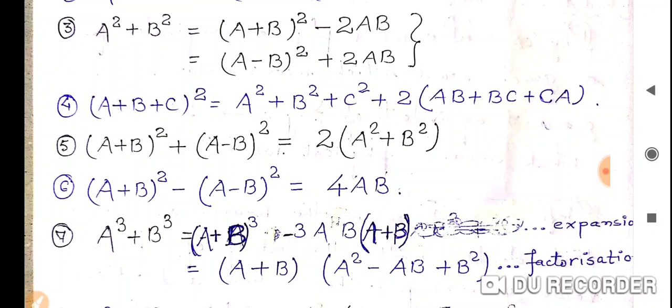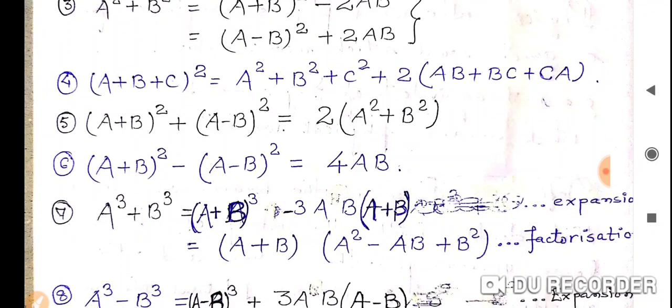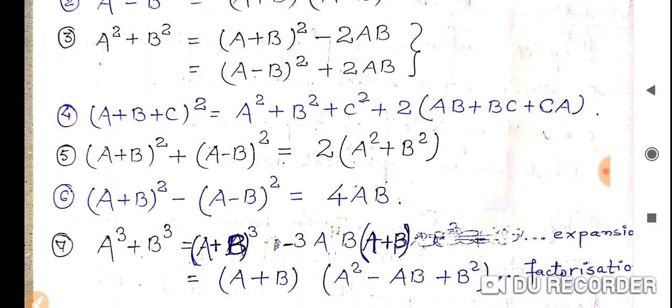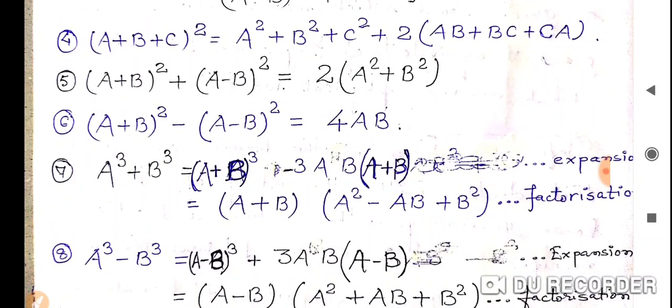In another form, a³ + b³ can be written as (a+b)(a² − ab + b²). This is the factorization formula for a³ + b³ we often use.